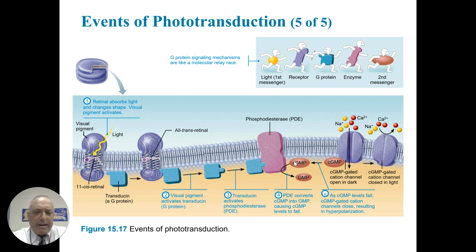Now cGMP activates a number of ion channels, so when you convert it to GMP, you inhibit these ion channels, so you're not going to get sodium and calcium to move in. This is going to then hyperpolarize the cell or inactivate it.